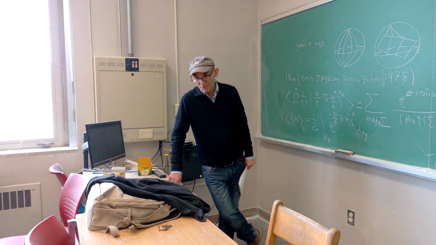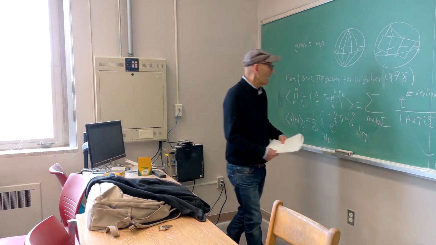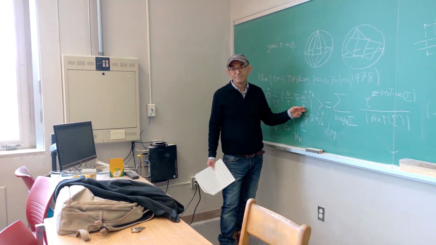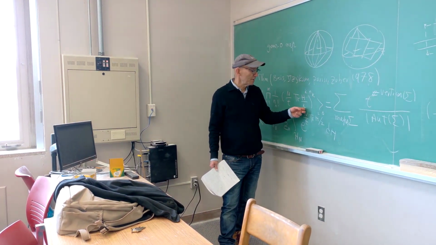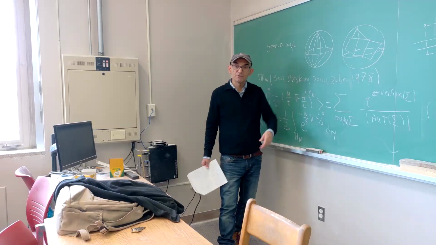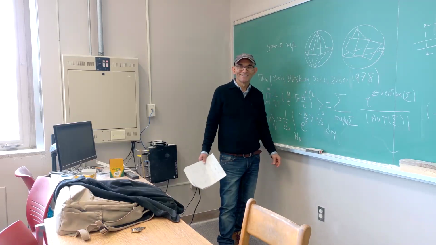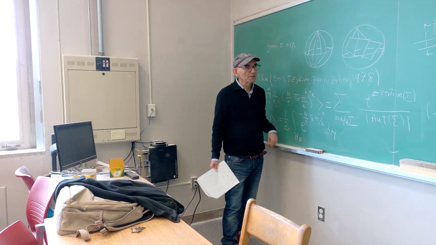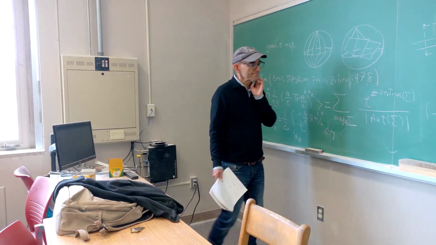The combinatorial factor was k factorial. But here, the combinatorial factor in the matrix case is k. And this is the right normalization, and k factorial is the right normalization over there. So that's another big observation.